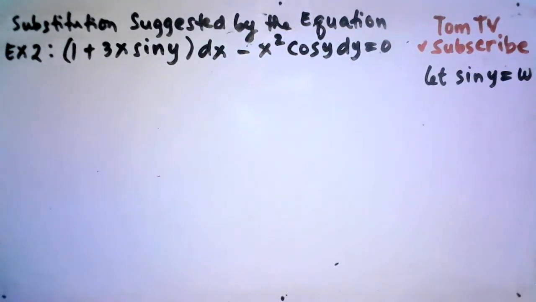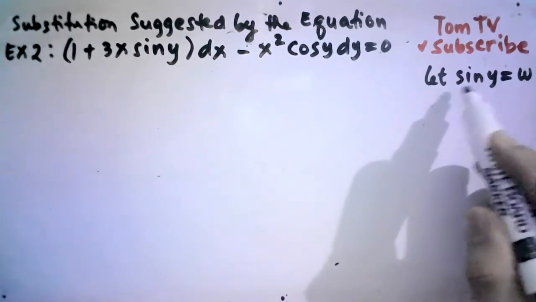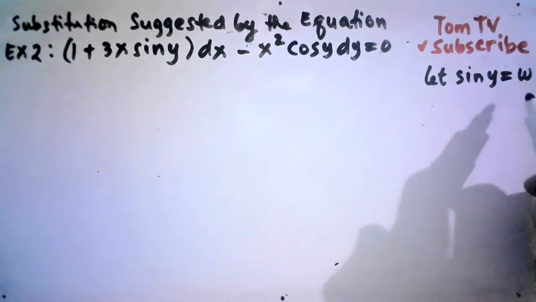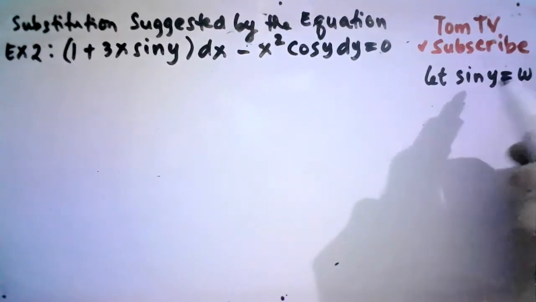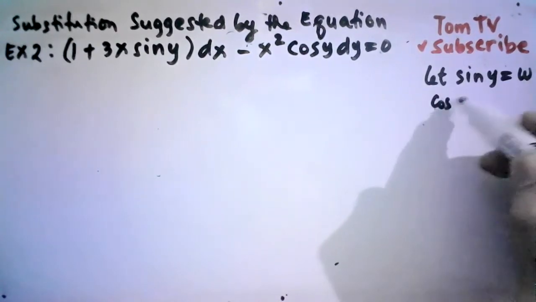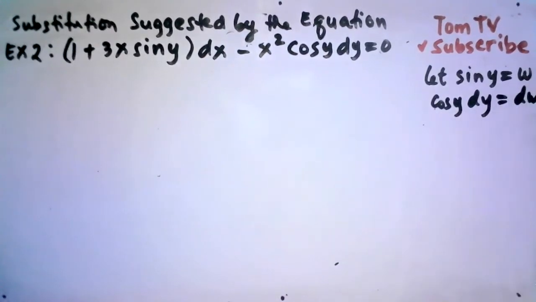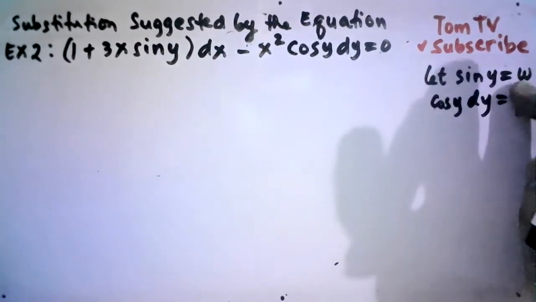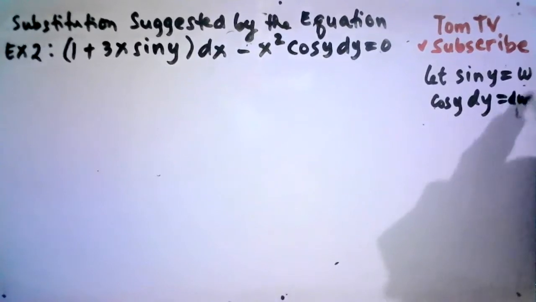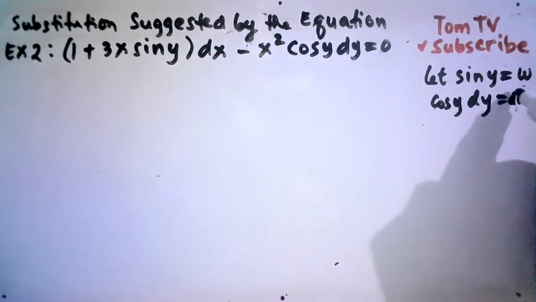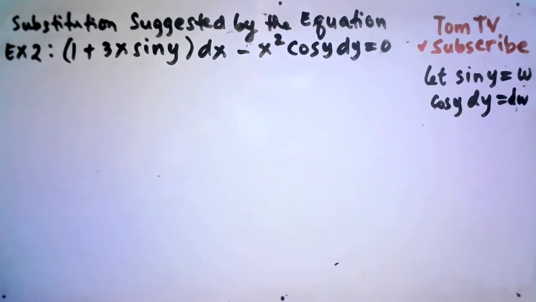So for this example, I will be using w as my variable for substitution, so let sine y equals w, then the derivative of w equals the derivative of sine, that is cosine y dy, which is equivalent to dw. Okay, so I will rewrite this again. We have here dw as the derivative of w.